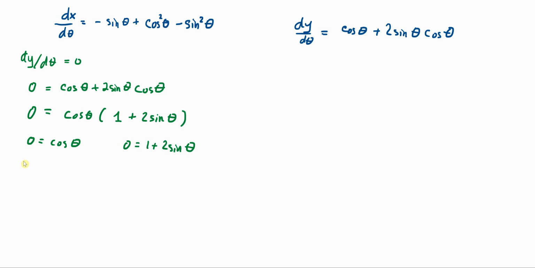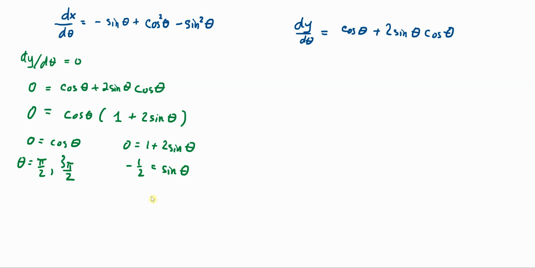Cosine is equal to 0 at pi over 2 and 3 pi over 2. Over here, you're going to end up with negative 1/2 is equal to sine of theta.